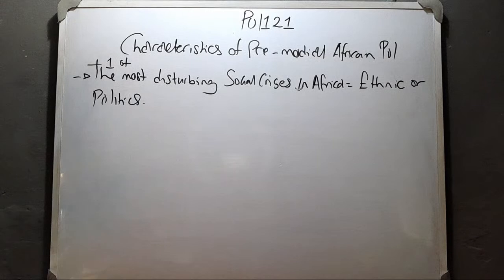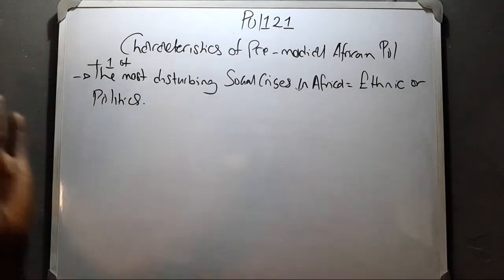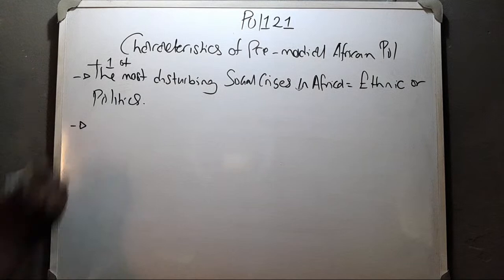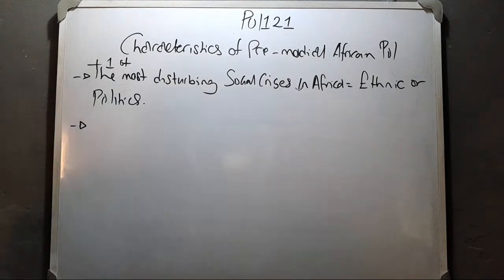Now, depending on the concept used, whether ethnicity or tribalism, it means a general feeling of what? Allegiance, attachment, loyalty to one's primordial group, at the expense of others. And that is the source of the problem. The nail has just been hit on the head.